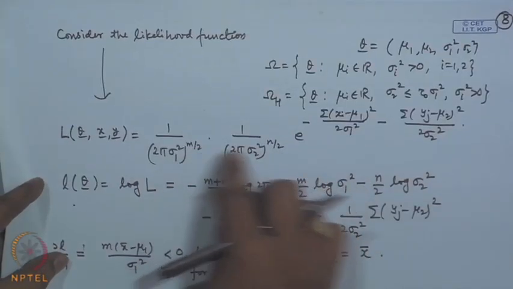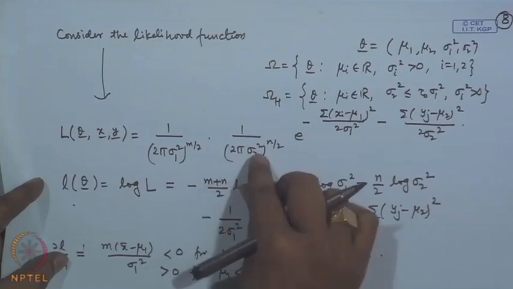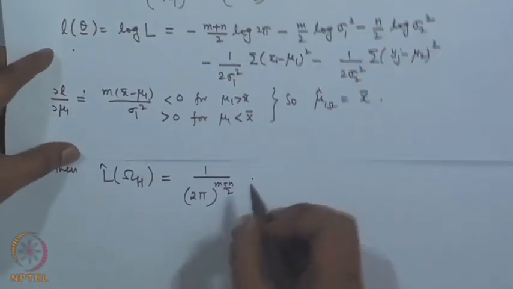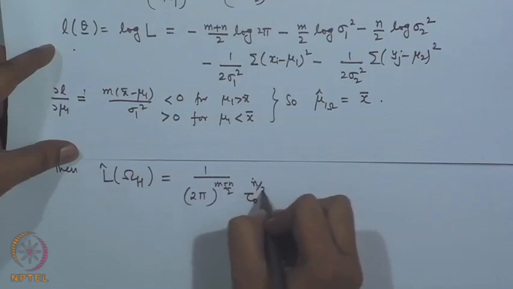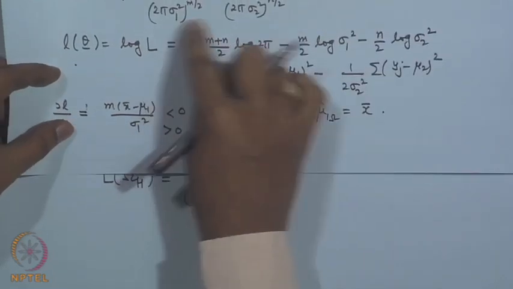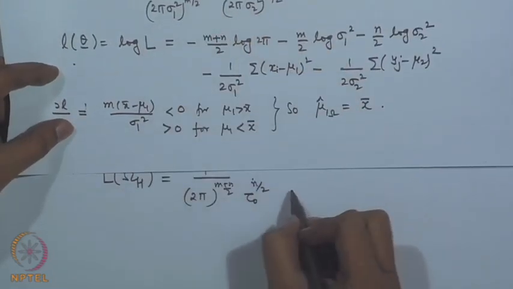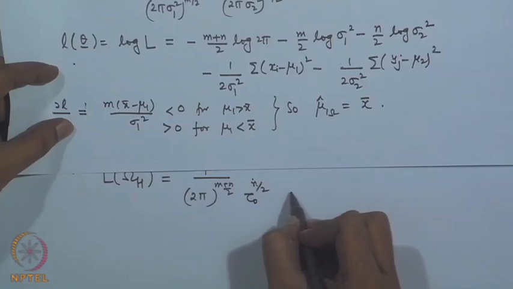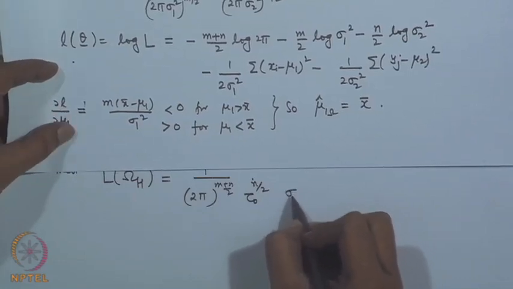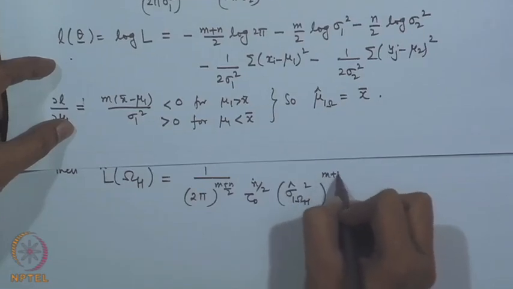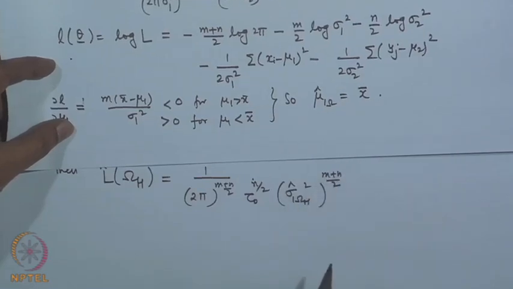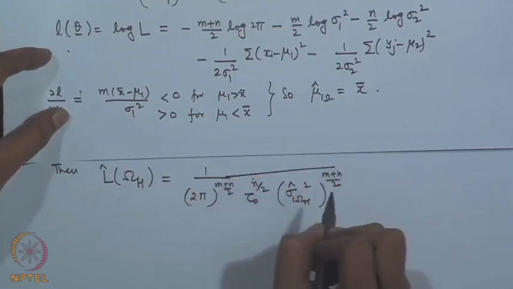So, this term and this term will get combined and tau naught's power will come here. So, I will get tau naught to the power n by 2, and then these two will get combined. So, I will get sigma 1 omega_h hat square to the power (m plus n) by 2 in the denominator.